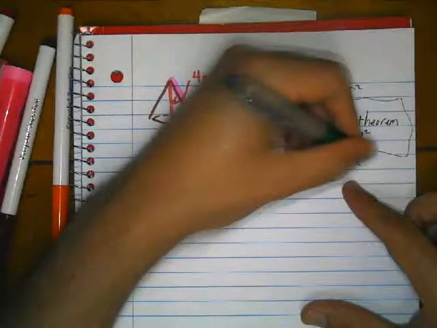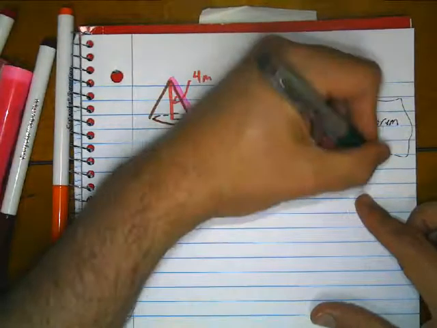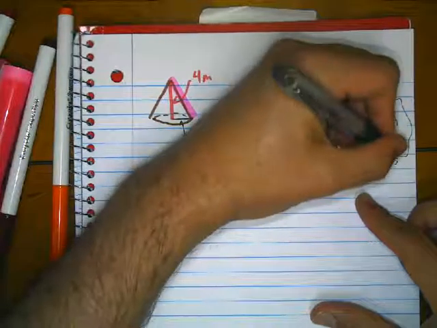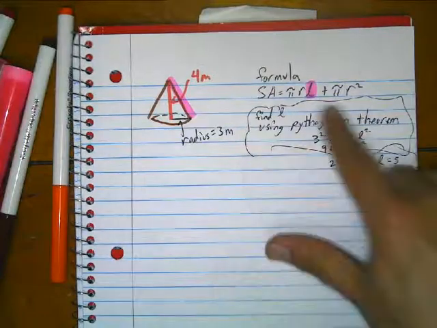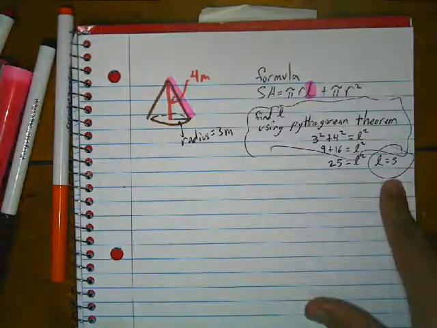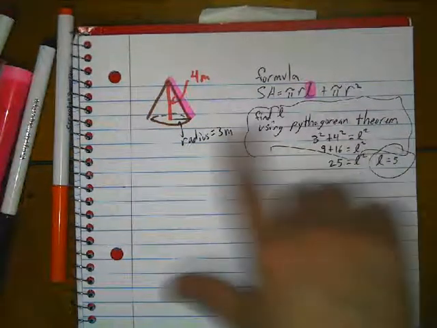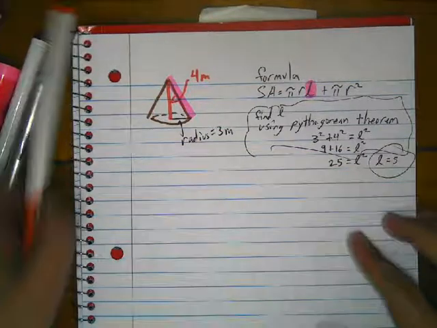So the square root of 25 is going to be 5. So we're going to use L to be 5, which is the slant height, and r is going to be 3.